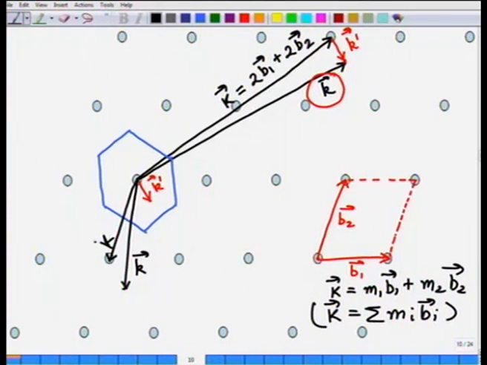This capital K vector you can see now is minus b2 vector. Remember, this is b1 and this is b2. This is just a minus b2 vector.